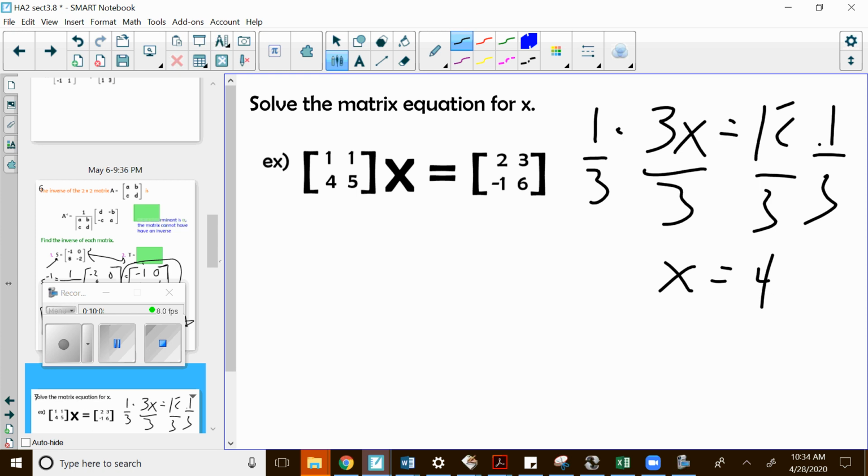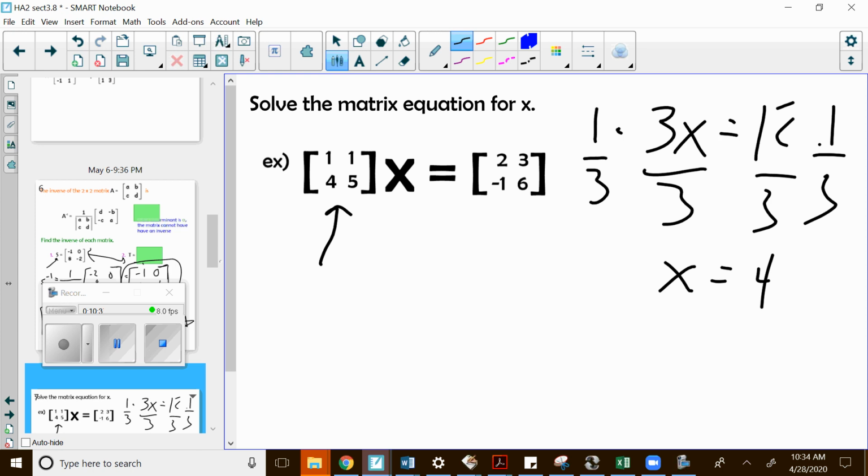Okay, so here's what we're going to do. If we want to know, okay, 1 1 4 5 times some matrix x equals 2, 3, negative 1, 6, we've got to find out what that matrix is. Well, we're going to get rid of this matrix right here and have it be the identity, and the identity times x is just x.